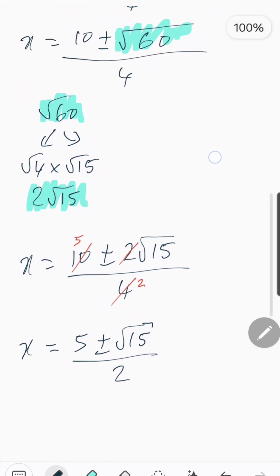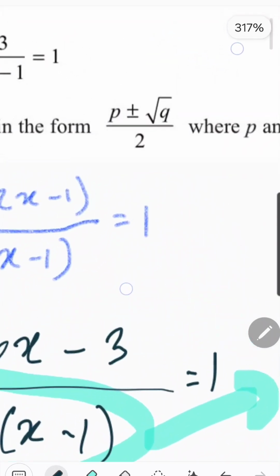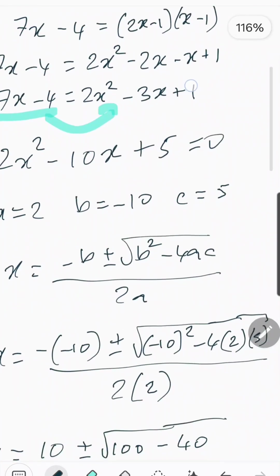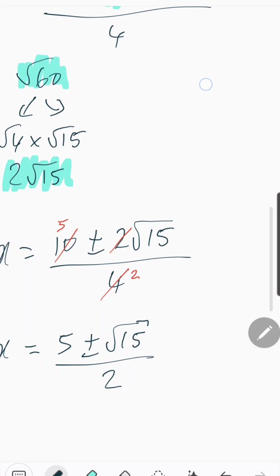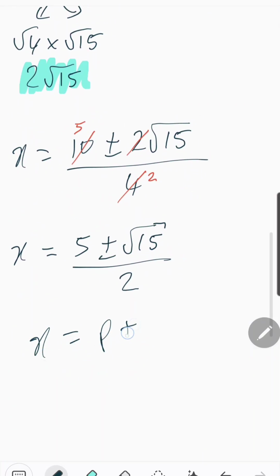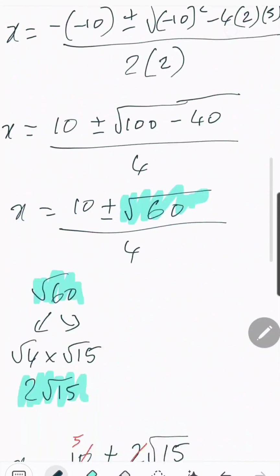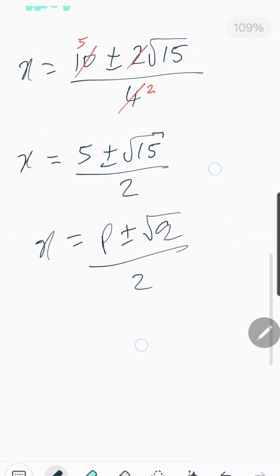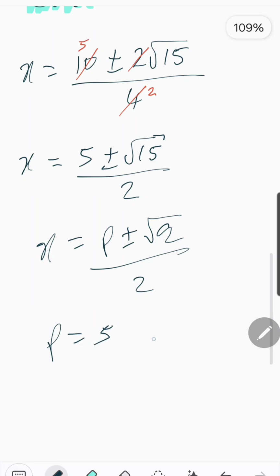So if you go back now, you've got it in that form. So p is equal to 5. You had p plus or minus root q, all over, what was the bottom letter they used? 2. There you go. So p is equal to 5, q is equal to 15, and that's it.